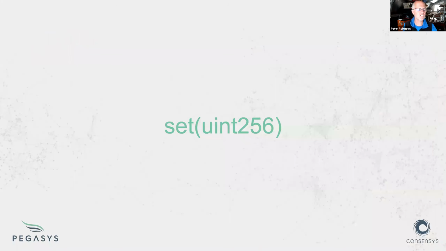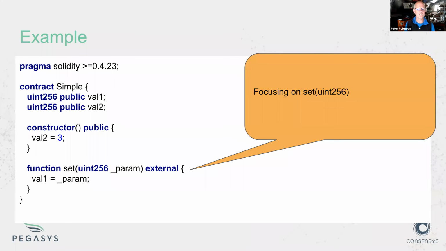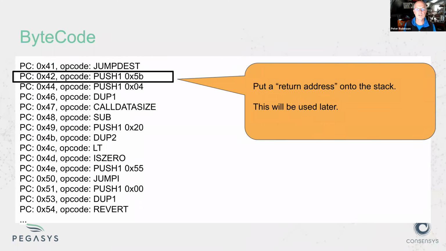Okay, let's focus in on this set function. We've got a parameter that we're expecting to be passed in via CallData, and we're going to set it to that very first storage location. The first thing the code does is set up a return address or an end address.